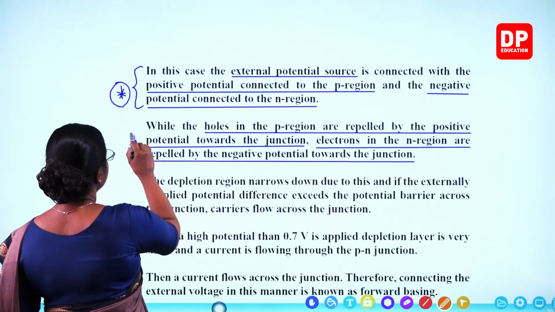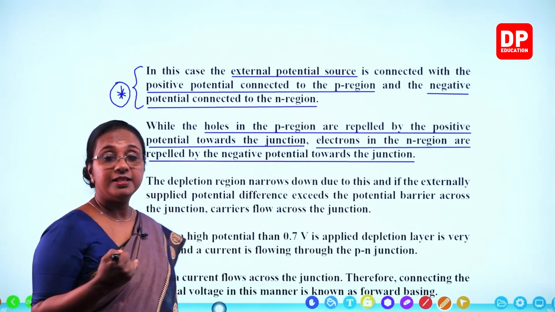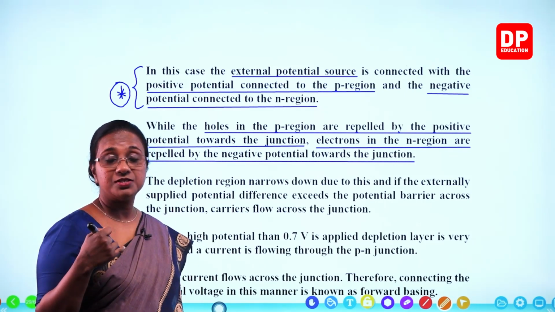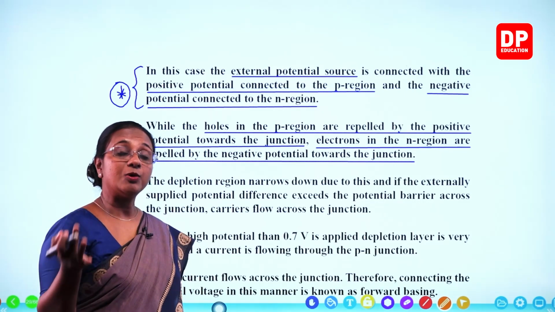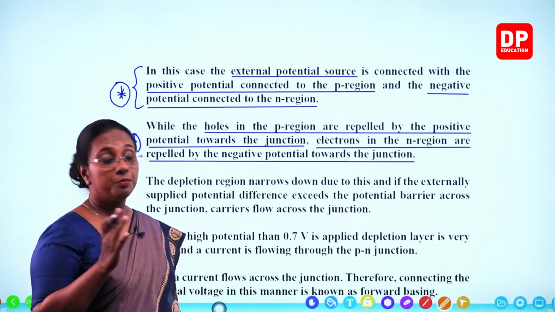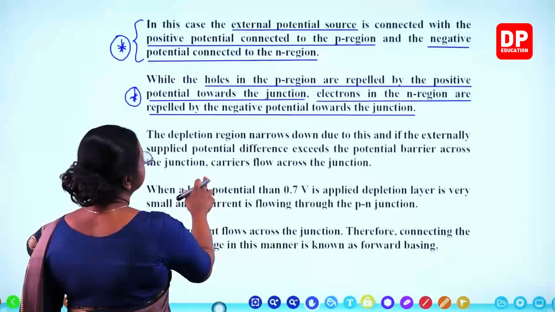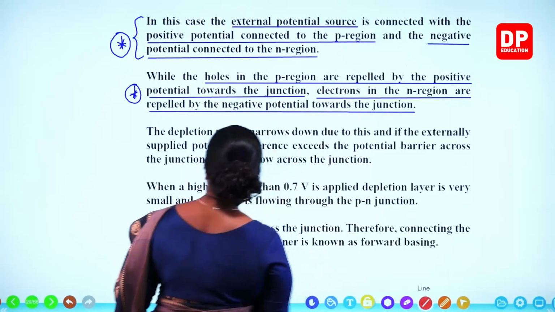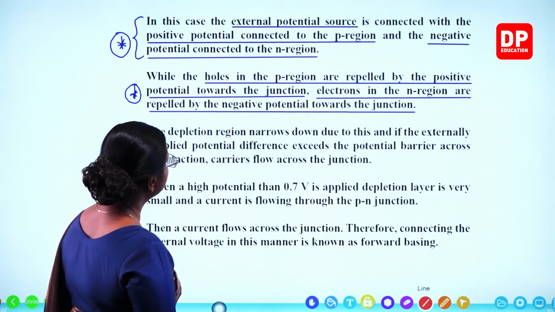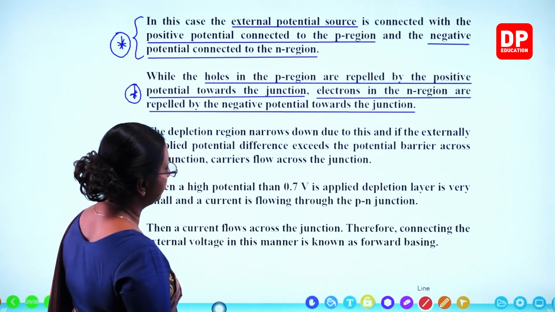That is also important. I explained this in the diagram in the previous chapter also. I showed you all how the electrons and the holes move. Then here you can see the depletion region narrows down due to this.